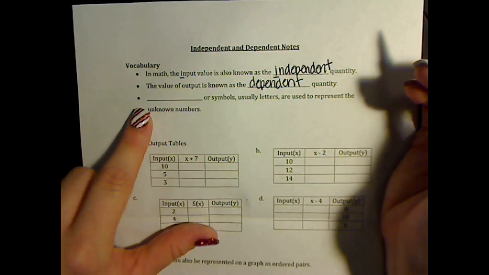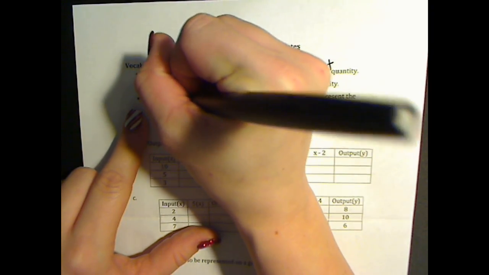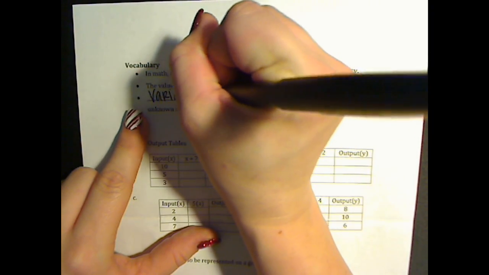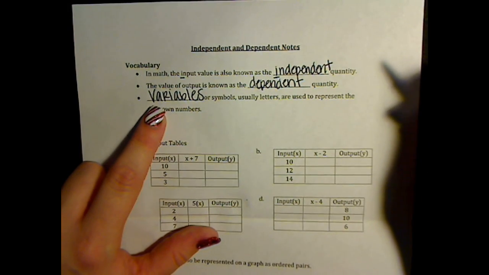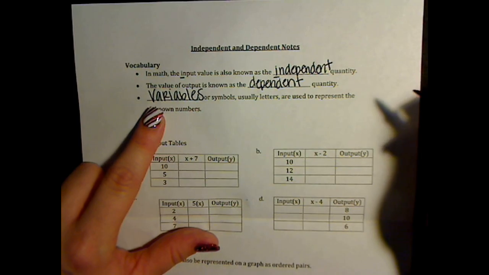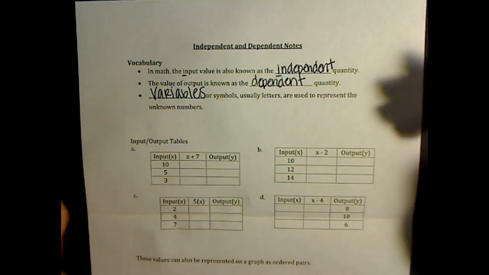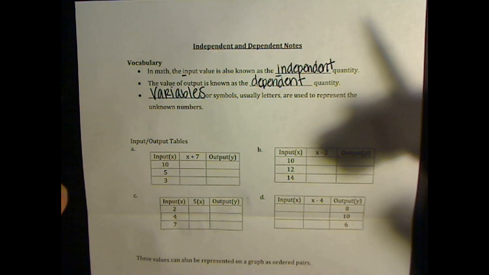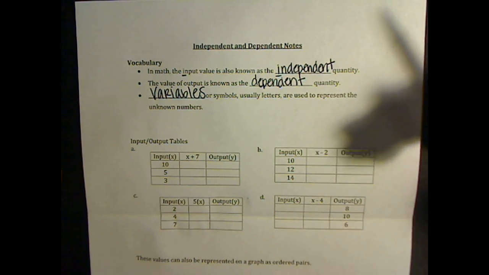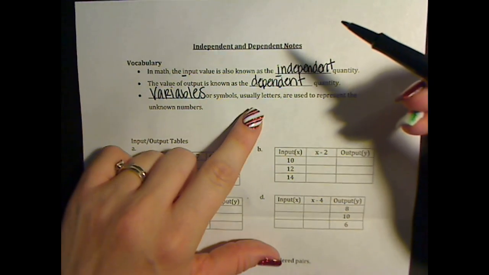Okay, this last little vocab is variable. Variables are symbols, usually letters, used to represent unknown numbers. For instance, if there's some equation and I don't know a number yet, I'm going to use a variable, usually a letter.